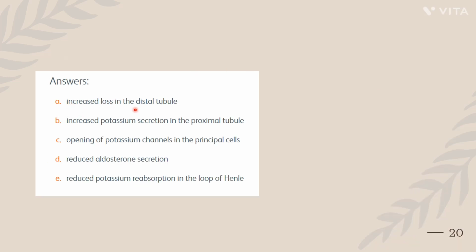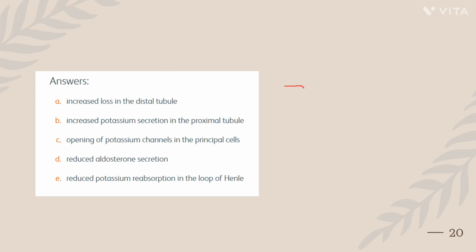Options are increased loss in distal tubule, increased potassium secretion in proximal tubule, opening of potassium channel in principal cells, reduced aldosterone secretion, reduced potassium reabsorption in loop of Henle. So I'll give you a picture to try and remember the site of action of different diuretics, because once you know the site of action, the mechanism becomes easier.